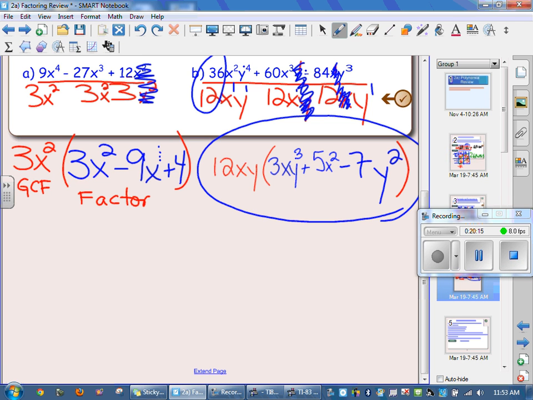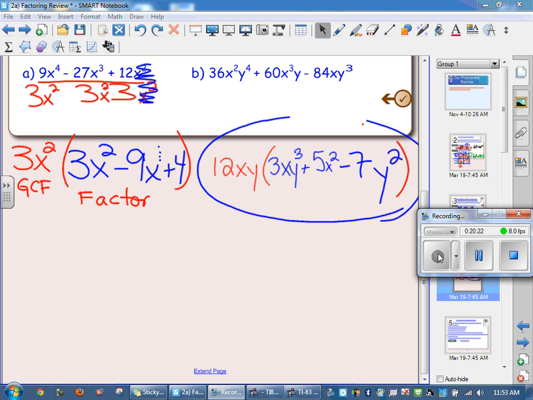Okay, now some of you divided by a different number. Look what happens if you divide by a smaller factor and not the greatest common factor. Let's say, for example, you divided by 4xy. If I divided by 4xy to all of them, I'm going to have a digit out front that is going to be able to divide out again. So if I divide that out, I get a 4xy outside.